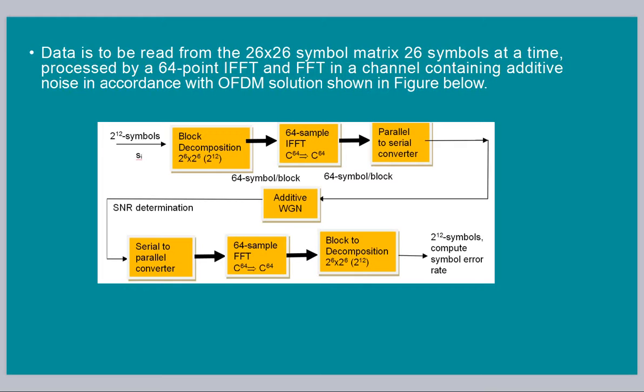The data is read from a 2^6 by 2^6 symbol matrix. So there are 2^6 symbols at a time, represented by a 64-point IFFT and FFT in a channel containing additive noise, in accordance with the OFDM scheme shown in the figure below.